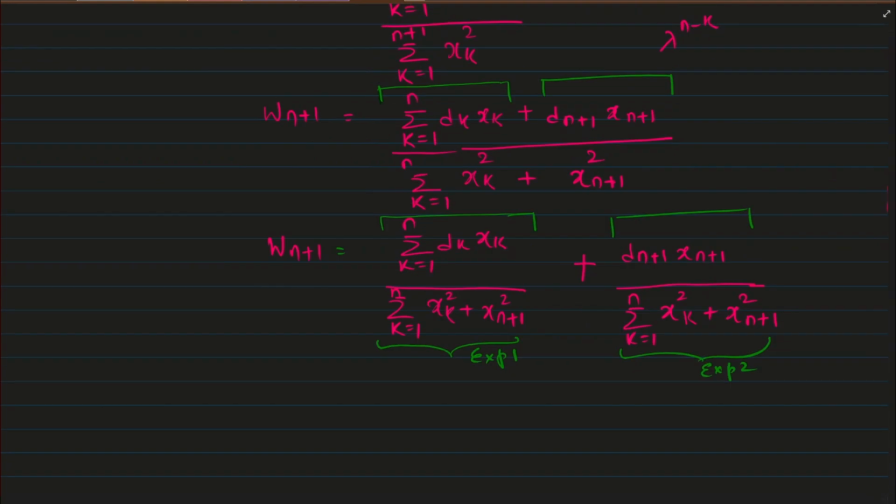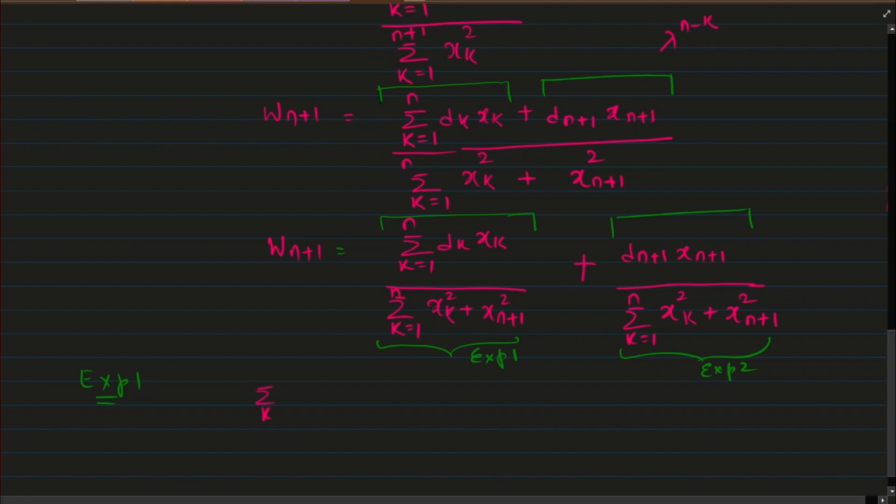So let me start with expression 1. Remember, I have to convert this into a recursive form. So let's do some manipulations to this. Firstly, let me write down this whole expression.